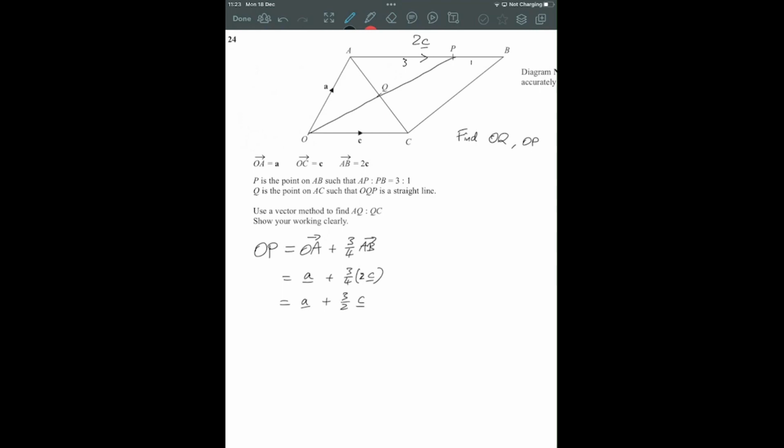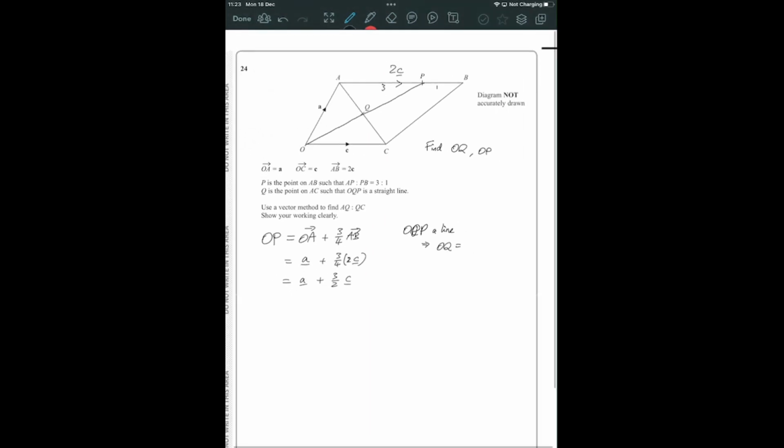Okay. Well, now OQ is some multiple of that. Because it's a straight line, OQP, a line, means that OQ is, I'm going to resist doing the further maths lettering, I'm going to call it x lots of OP. And I've just expanded the bracket out there as well.